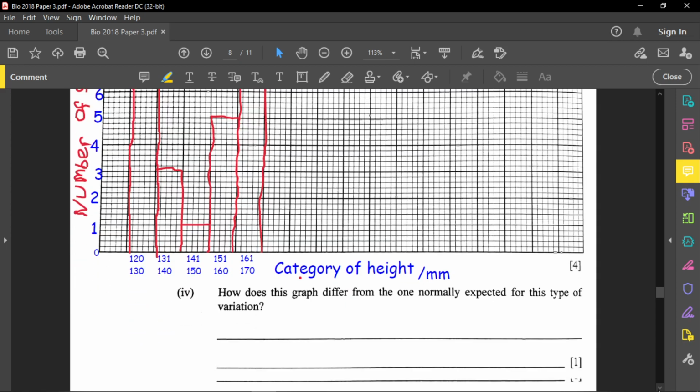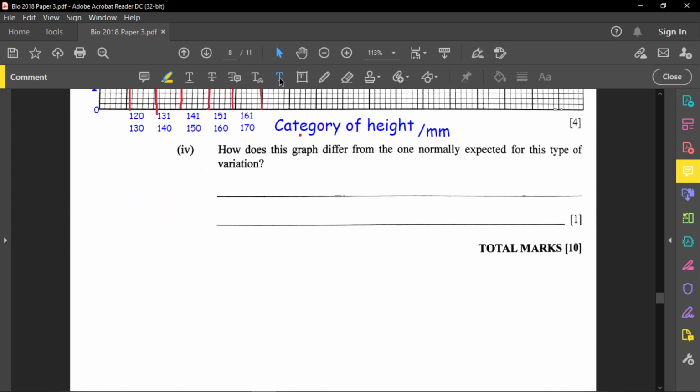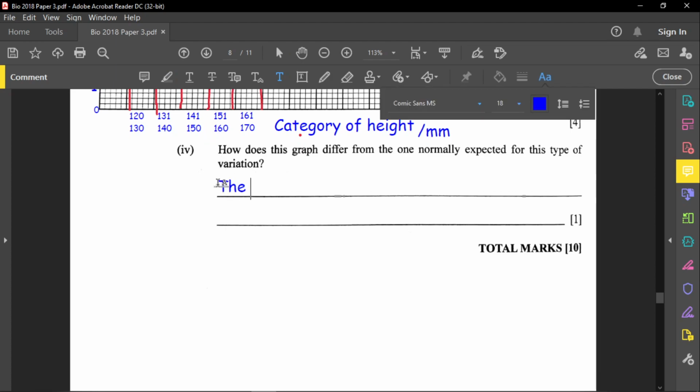Let's type that in. I'm going to demonstrate something for you real quick as well. The question asked how this graph differs from normal graphs. So the answer is that the lower and the higher extremes are normally the lowest in terms of number of organisms.